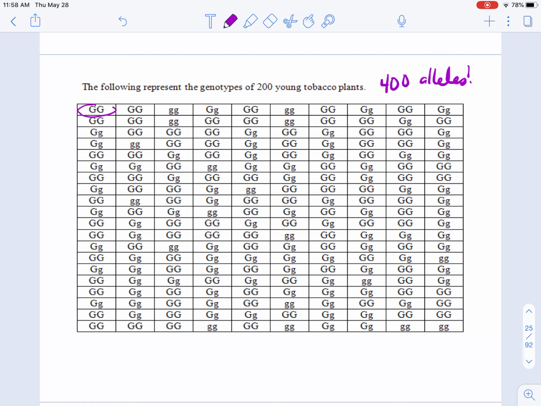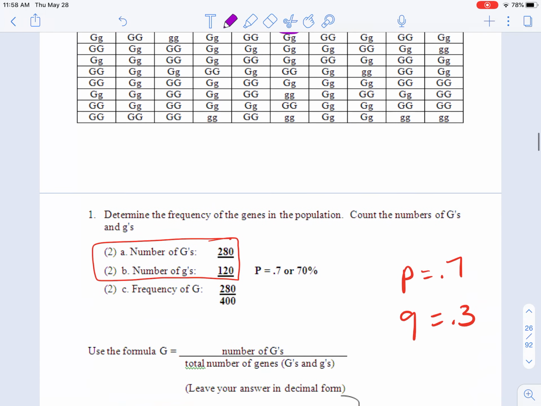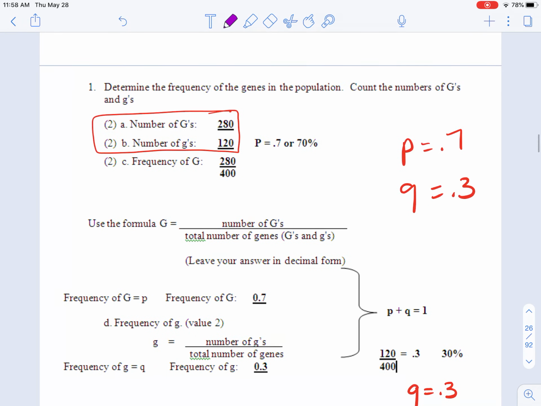And if you were asked about this, you could count how many of the 200 plants are homozygous dominant, how many are heterozygous, how many are homozygous recessive. So you could count that in this population, or you can do it with some Hardy-Weinberg calculations.